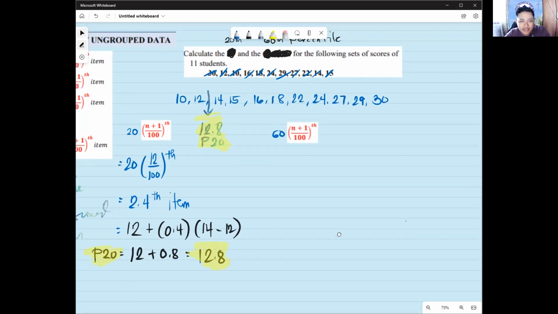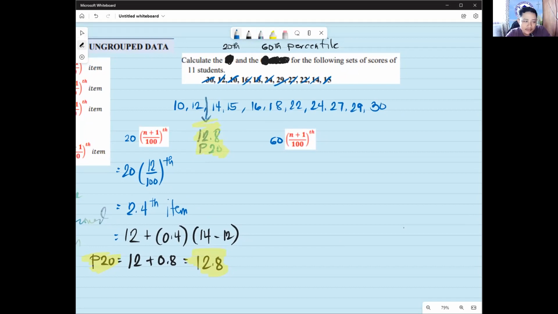For the 60th percentile, you know the process. All we have to do is to substitute. Kindly ready your calculators to check if we will get the same answer. 60 times 11 plus 1 over 100. Press it in your calculator, please.